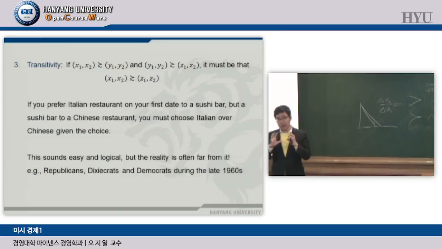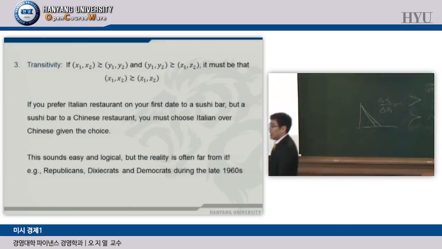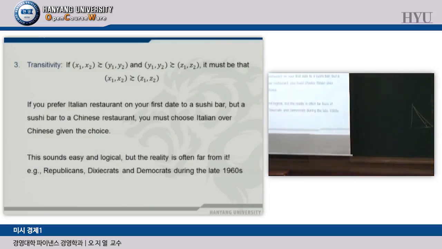Suppose that you prefer bundle A to bundle B, and you prefer bundle B to bundle C, then it must be that you prefer bundle A to bundle C. You can't go back and say, but I prefer C to A.